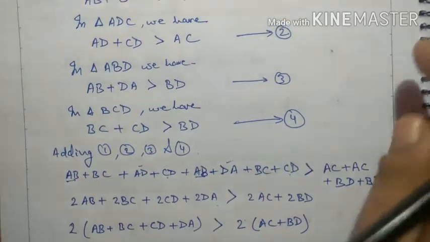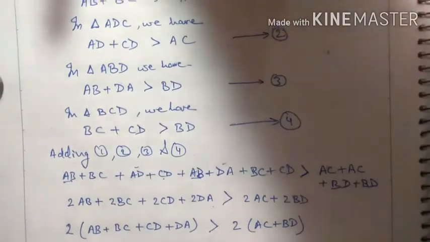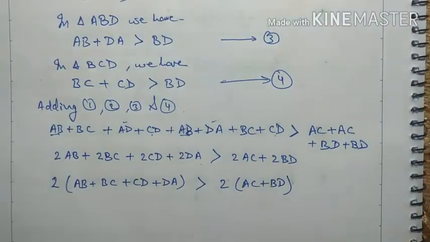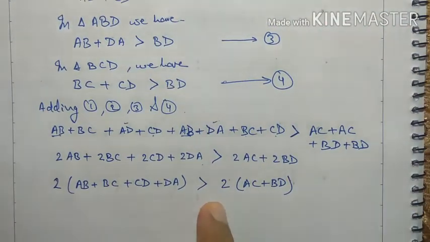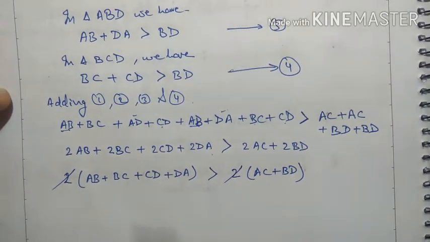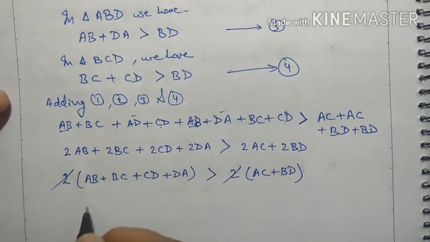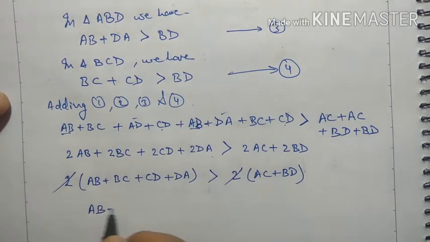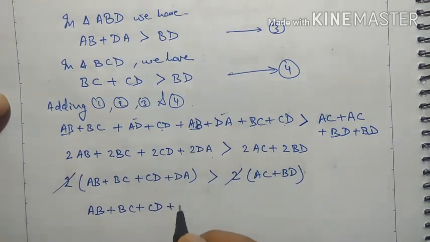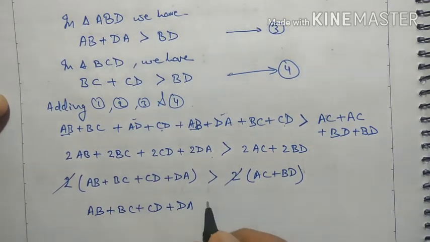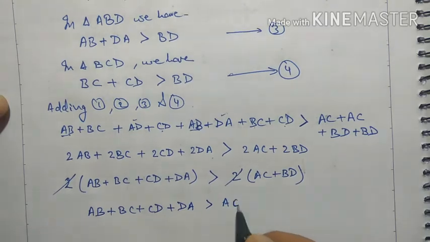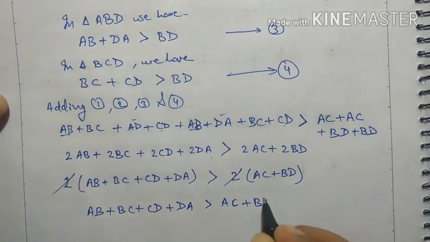Now dividing both sides by 2, we can cancel this 2 and 2. So what we get at the last is AB plus BC plus CD plus DA is greater than AC plus BD.